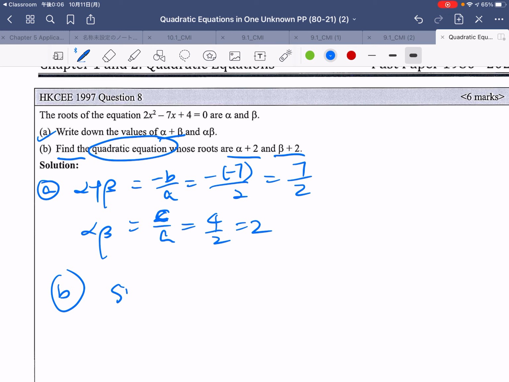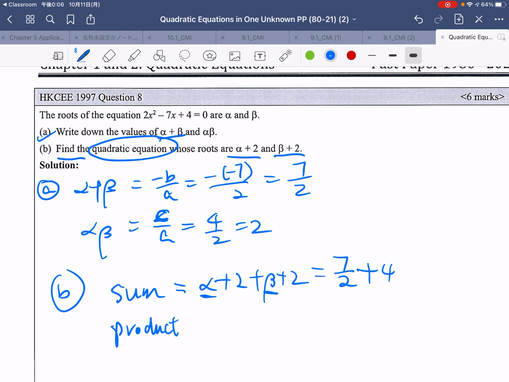You need to find the sum of roots and the product of roots for this new quadratic equation. So alpha plus 2 plus beta plus 2, so alpha plus beta is 7/2, plus 4, which is 15/2.